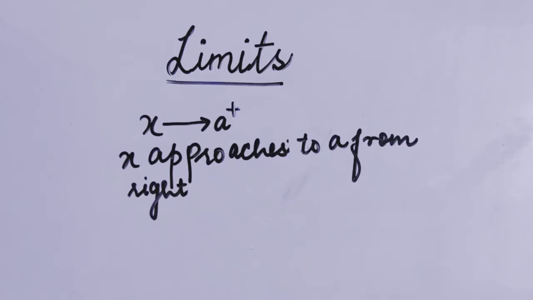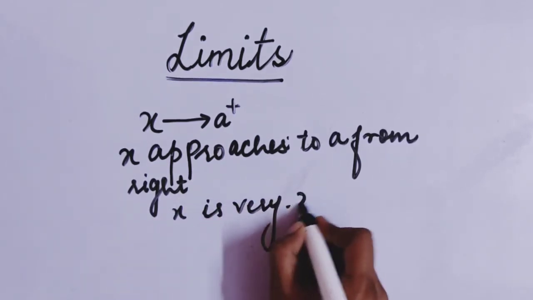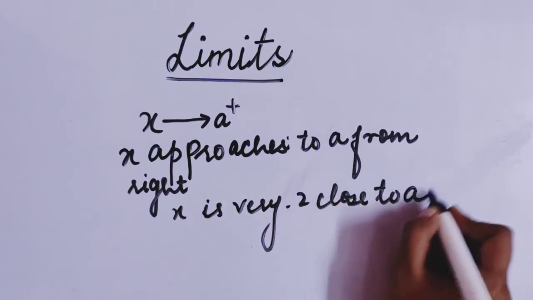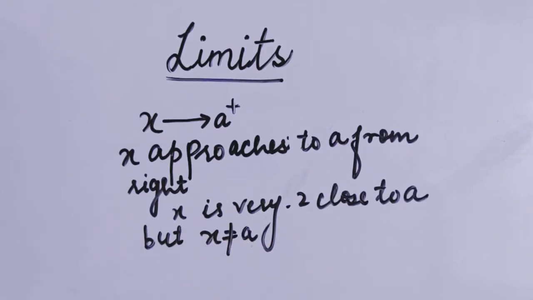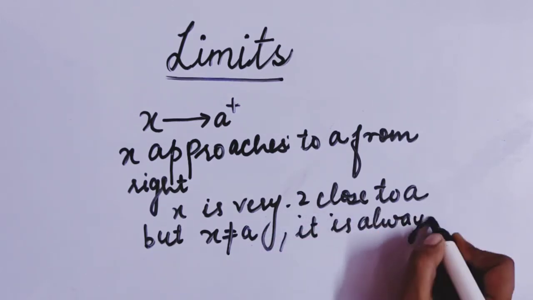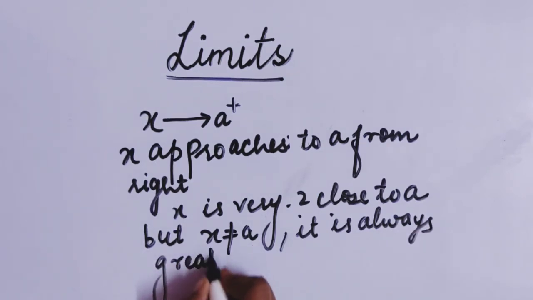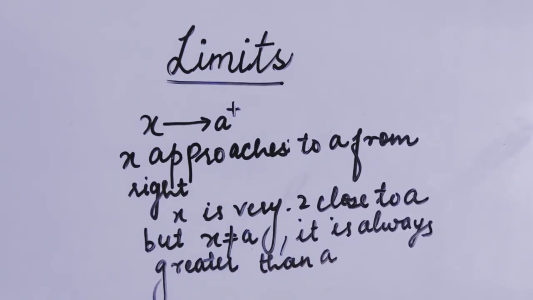It means again the same: x is very, very close to A, but x is not equal to A. And second thing, it is always greater than A. So x approaches A from right means x is close to A, but not equal to A, and it is greater than A. Is it clear, students?